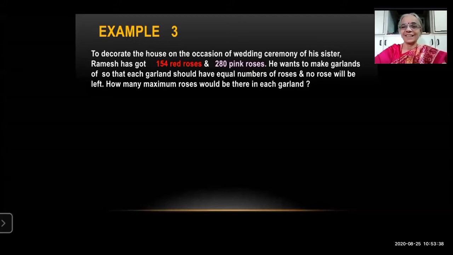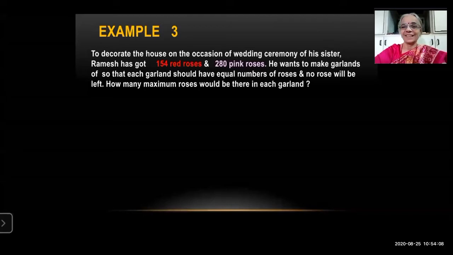To decorate the house on the occasion of the wedding ceremony of his sister, Ramesh has got 154 red roses and 280 pink roses. He wants to make garlands so that each garland should have an equal number of roses and no roses will be left. How many maximum roses would be there in each garland?